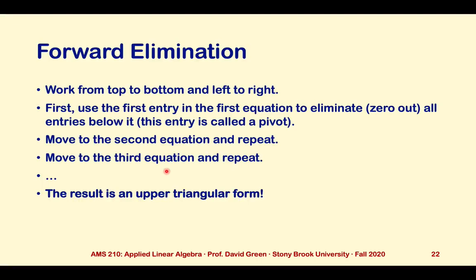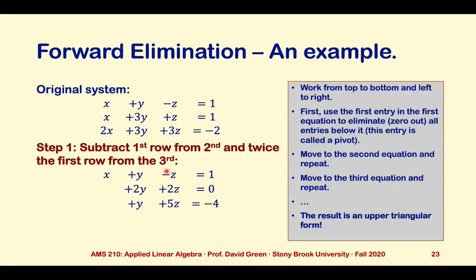At that point, we have a form of our system of equations that is known as an upper triangular form and has all of the information in it that our original system did. So let's work through an example to really highlight how this works.